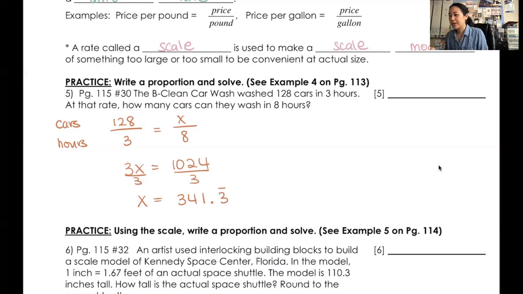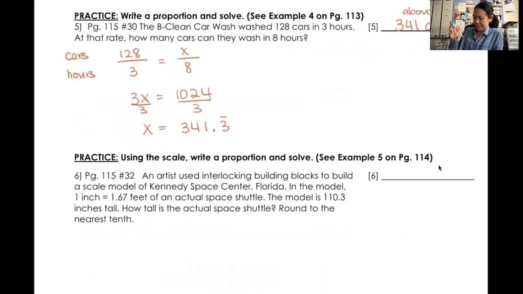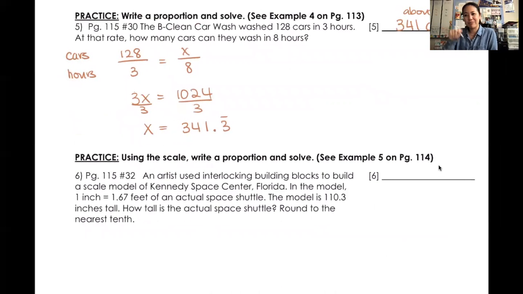So about how many cars can they wash? I can leave it at that many cars, but I think it makes more sense to leave it as a whole number. So I'm going to say about 341 cars in 8 hours, since the guy in the 1/3 is still working on that car, we won't count that as a finished car.